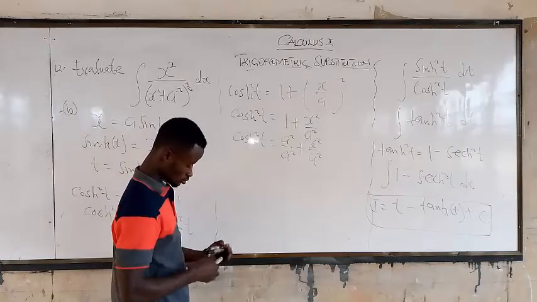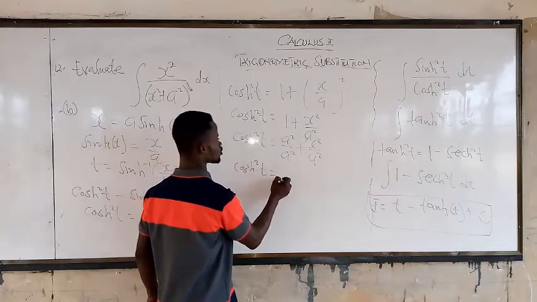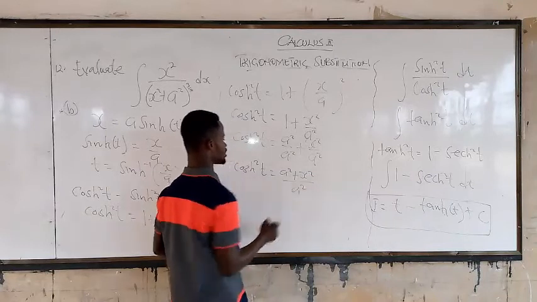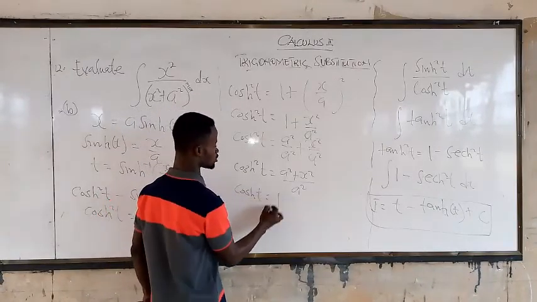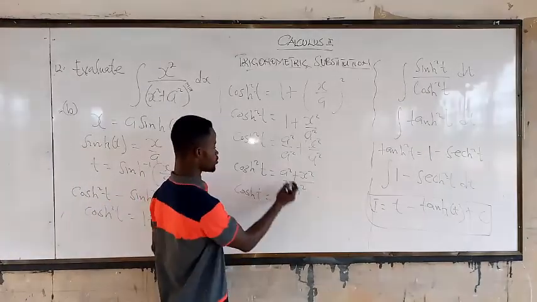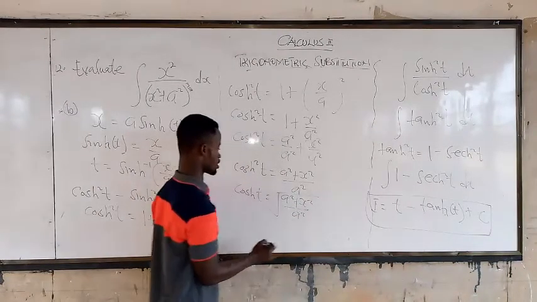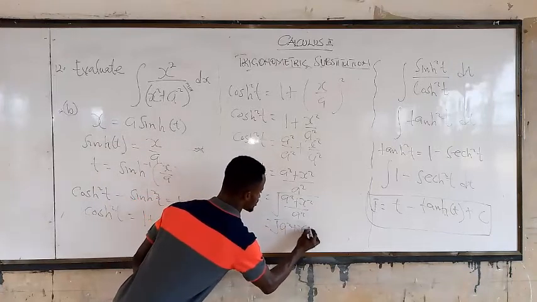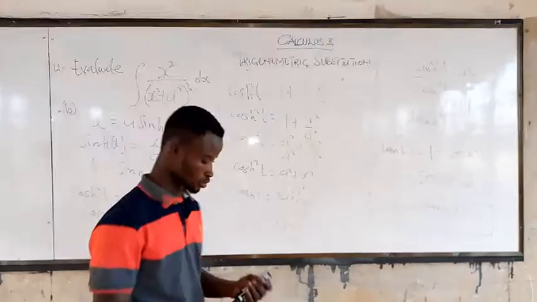So cos square t is equal to a squared plus s squared, all this over a squared. So cos t is equal to the square root, that is going to be the square root of a squared plus s squared, all this over a. I trust you can see from the board.